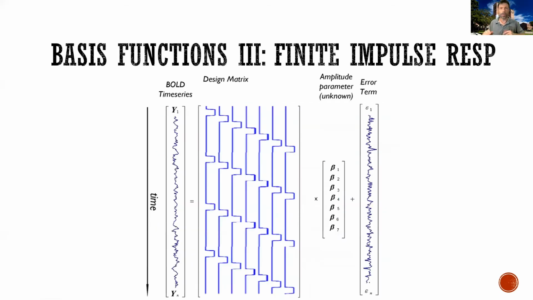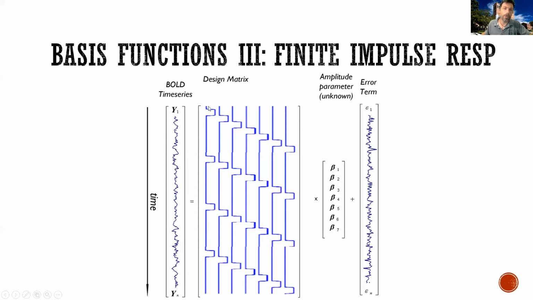To show it in terms of our GLM, it would look like this. See, for example, we have 1 trial, 2 trials, 3 trials, and 4 trials. And for each trial, we have 1, 2, 3, 4, 5, 6, 7 regressors.